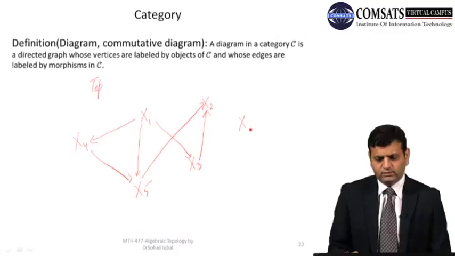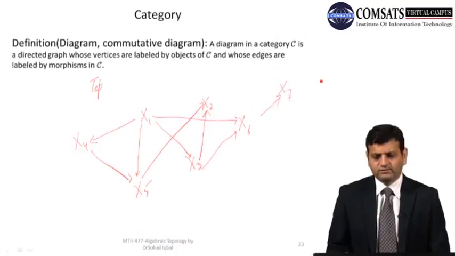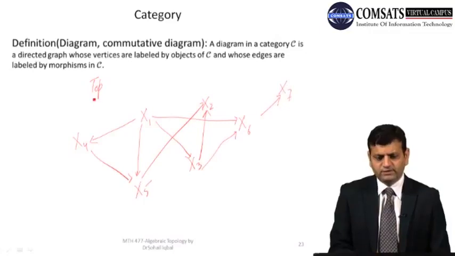We can add more vertices if we want. So this is a diagram in the category of topological spaces.